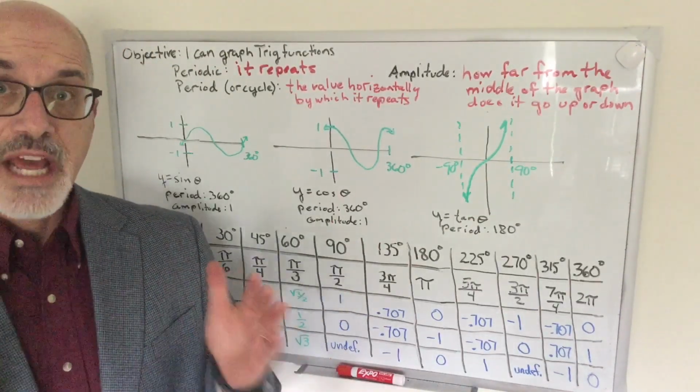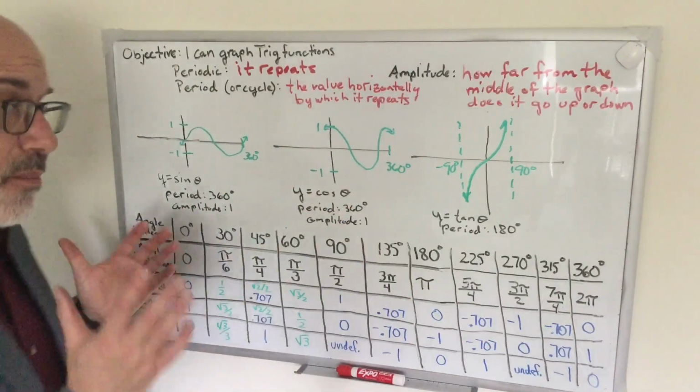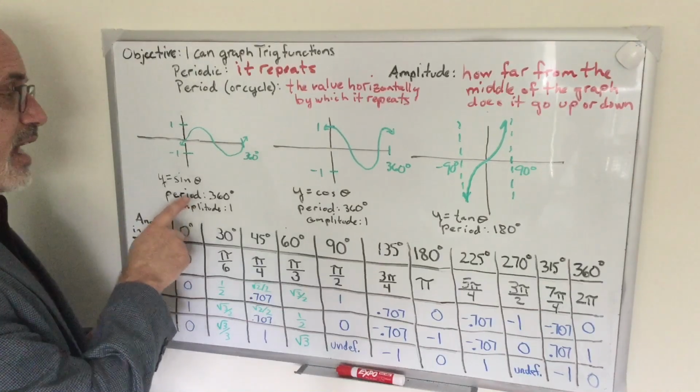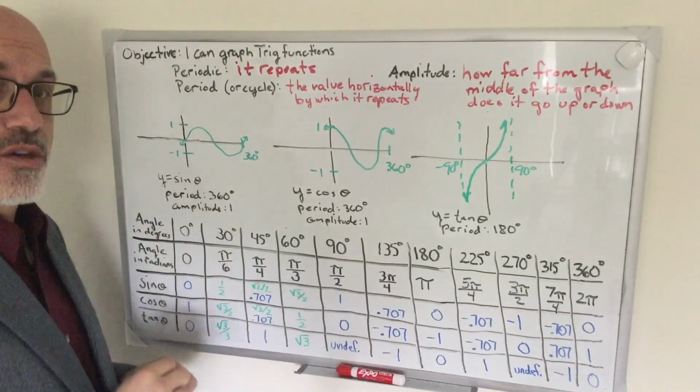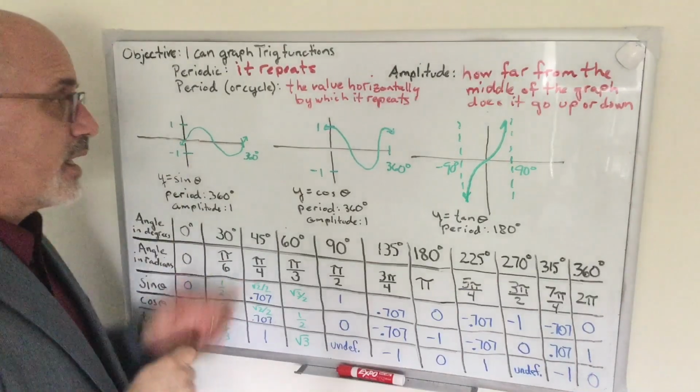So as we look at our basic trig functions of sine, cosine, and tangent, these are the basic graphs for them, where 1 period for a sine goes over 360 degrees or 2 pi. Its amplitude is 1 because it goes up to 1.